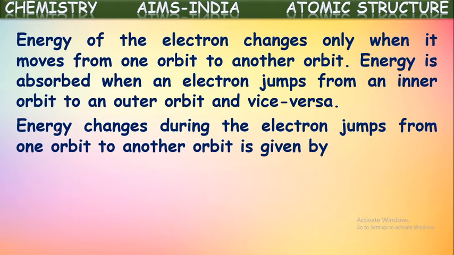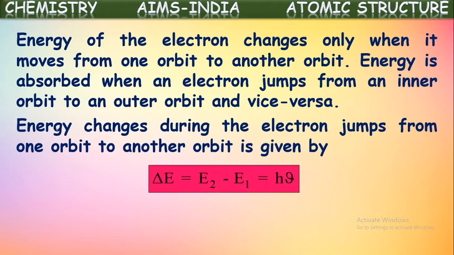The energy change during the electron's jump from one orbit to another is given by the formula delta E, that is the energy change. When an electron jumps from a lower orbit to a higher orbit, it will absorb energy. If it jumps from a higher orbit to a lower orbit, it will release or radiate energy.